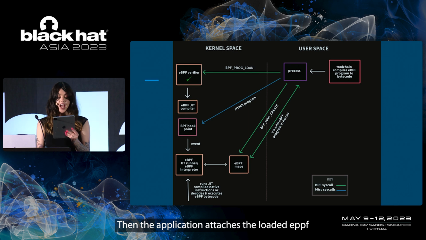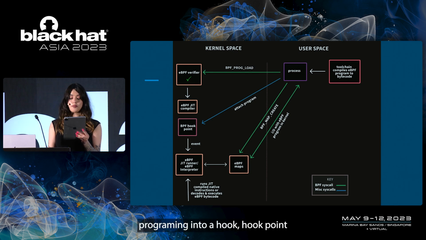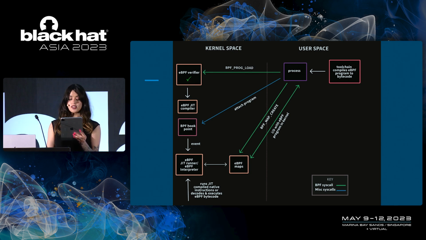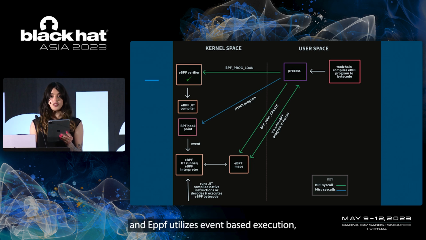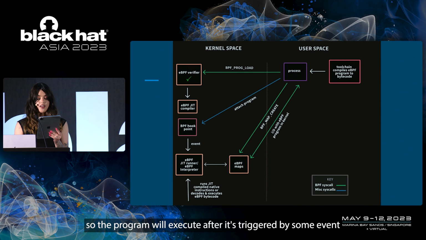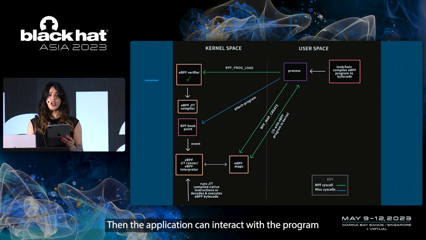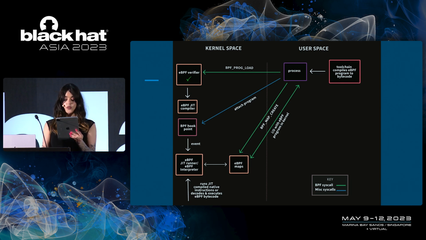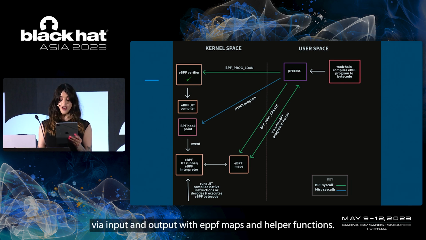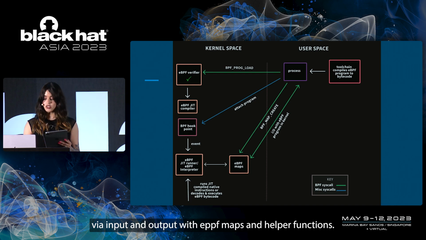Then the application attaches the loaded eBPF program into a hook point, and eBPF utilizes event-based execution, so the program will execute after it's triggered by some event that occurs at the hook point. Then the application can interact with the program via input and output with eBPF maps and helper functions.